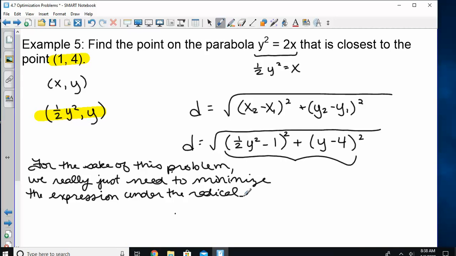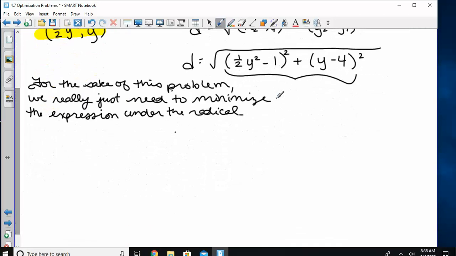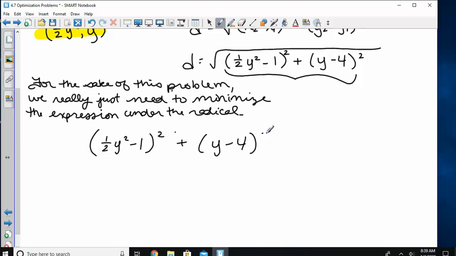That's not always the case, but if we're trying to find the smallest possible square root, we just need the smallest possible thing underneath. So let's just look at this. We're going to use that for our distance.